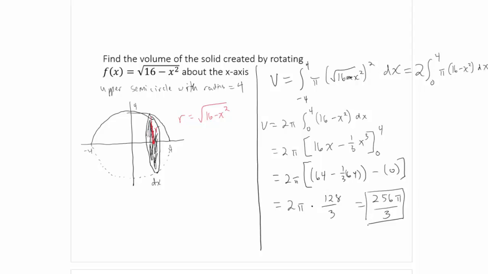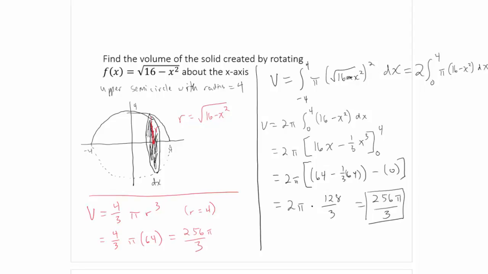Now again, if you remember some geometry, you might say, hey, wait a second, Joel, that's just a sphere. I know how to calculate the volume of a sphere. I had to memorize that formula back in geometry, and I know the volume is 4/3 pi r cubed. And my r would equal 4 here, and you get 4/3 pi times 64, and amazingly enough, 4 times 64 is 256, and so we get 256 pi over 3.